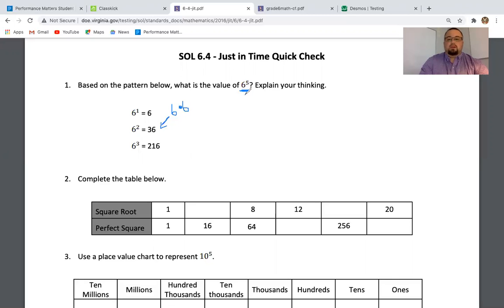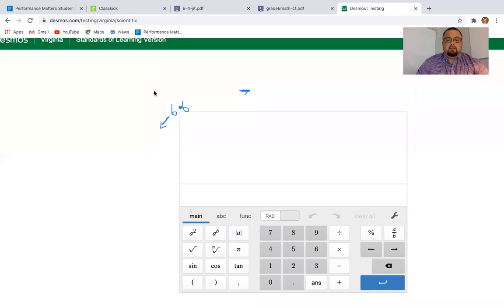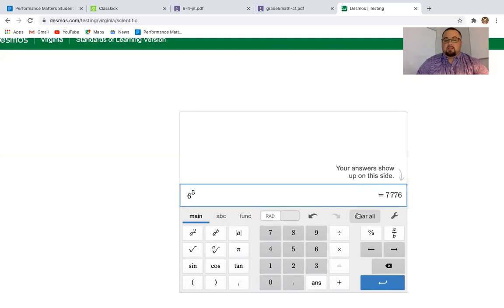If we didn't know exactly what that was, using your Desmos calculator, which you most certainly can use, we're going to type in 6, click the exponent key, and put in the 5th power. You can see that it automatically gives my answer.